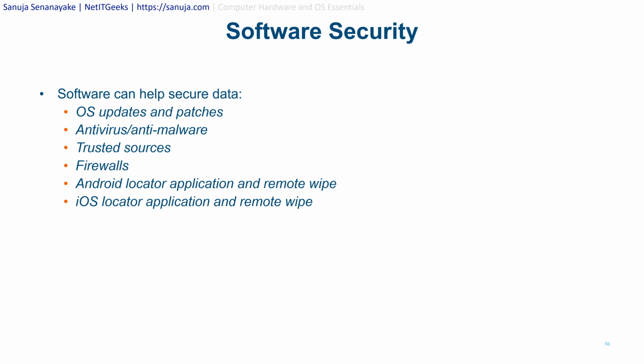The device software security is the next one we're going to quickly cover. The software can help secure data. So just make sure operating system updates and patches are done as soon as possible. Sometimes it may be a good idea to install antivirus and anti-malware, even though it is not necessary in most cases. Even Android devices don't need antivirus software, but you can install it if you think your end user might run into some issues.